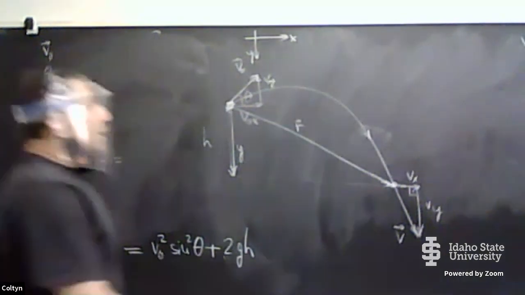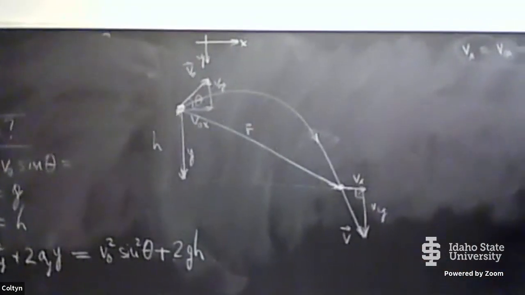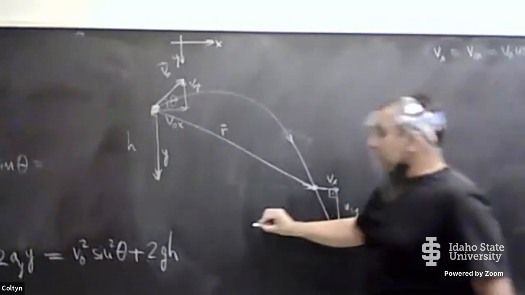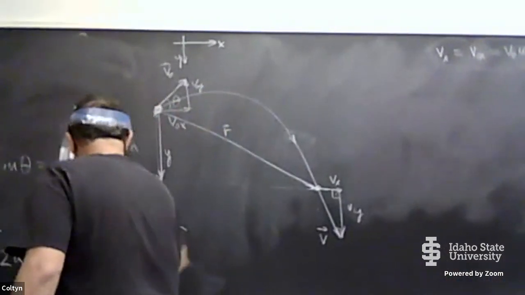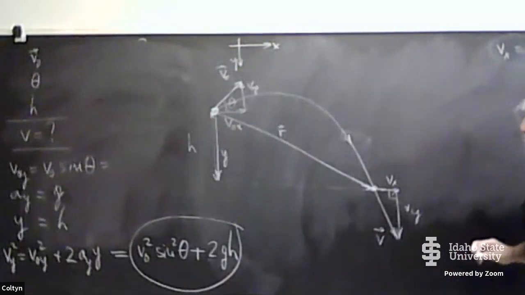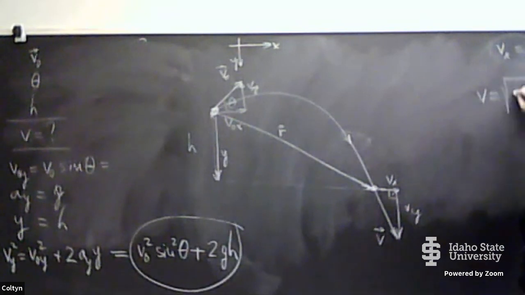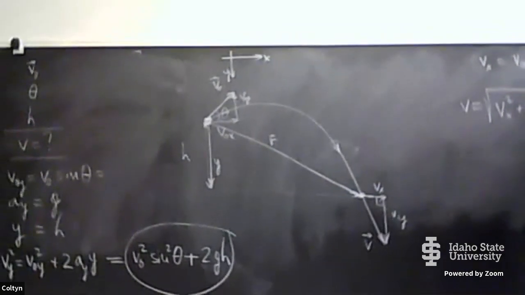So now we have the x component of final velocity. We just found the y component of final velocity. The magnitude of the final velocity from the Pythagorean theorem is square root of Vx squared plus Vy squared.